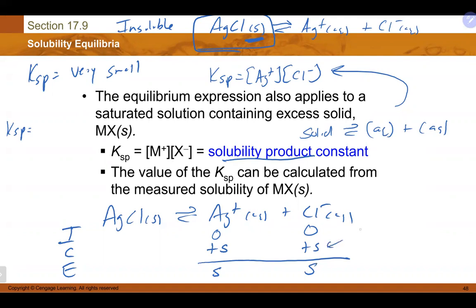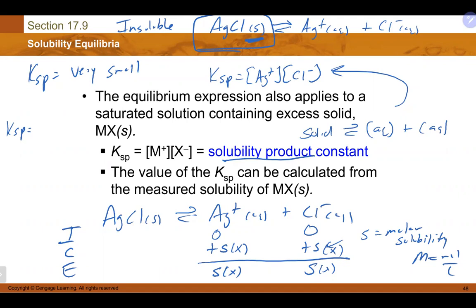Because it's really the thing that you should use. S stands for what is known as the molar solubility. It is a fancy way of saying molarity, basically. It's basically the molarity of each of these guys. You could still use X if you like. But in 1B, when you really learn about this stuff, you usually will use S for molar solubility, but you can still use X. It doesn't matter what letter you use.